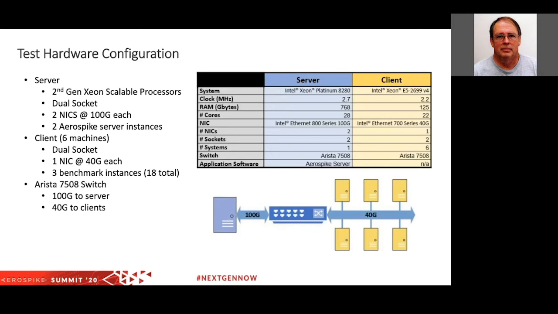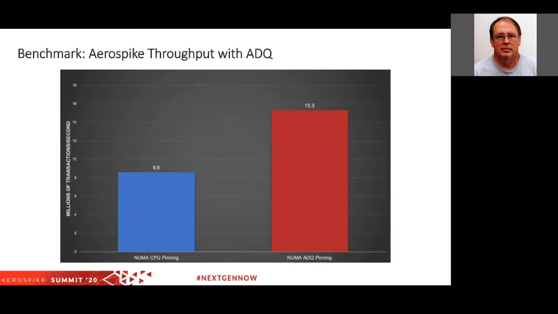Those were connected to the switch at 40 gigs. Each of those was running 3 instances of the Aerospike benchmark, so 2 instances of the Aerospike server running for each of the cores on the server side, and then being driven by 18 clients distributed across 6 client machines.